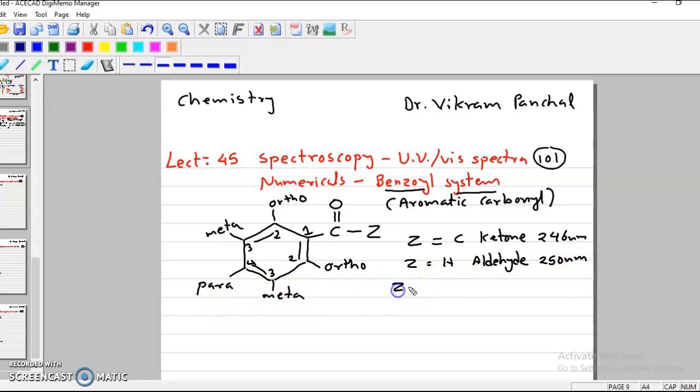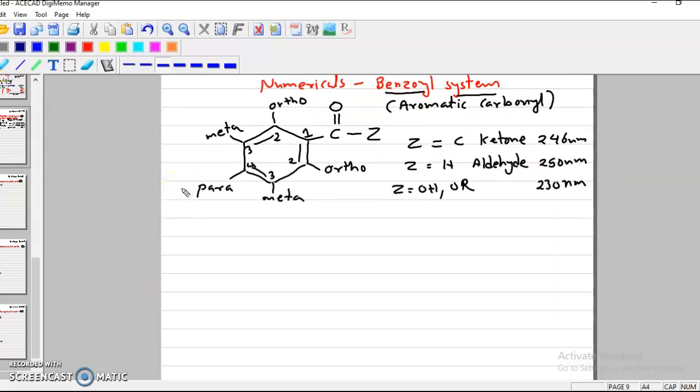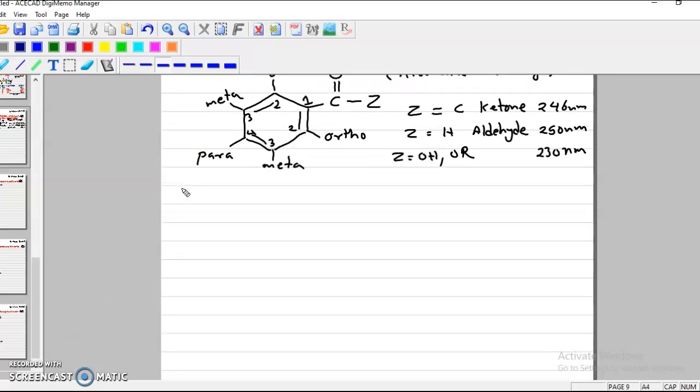And if Z is equal to OH, that means acid, COOH, or OR, that means ester, then we will take 230 nanometer as the base value. Okay, these numericals are very simple, and now we have to find out what will be the substitution at ortho position, meta position, and para position.